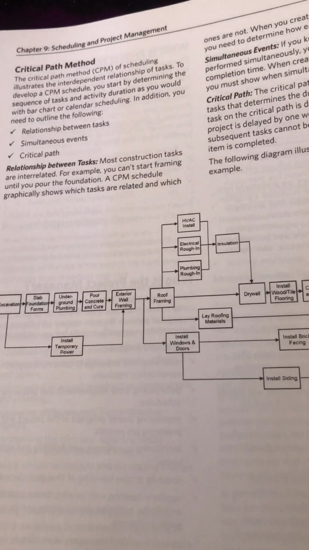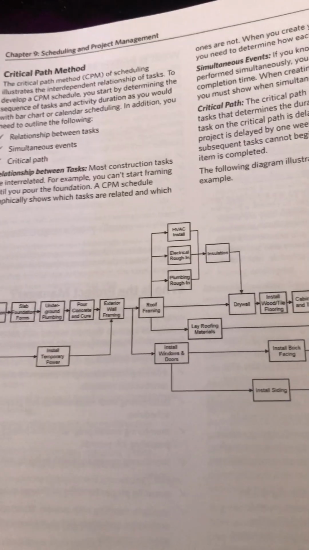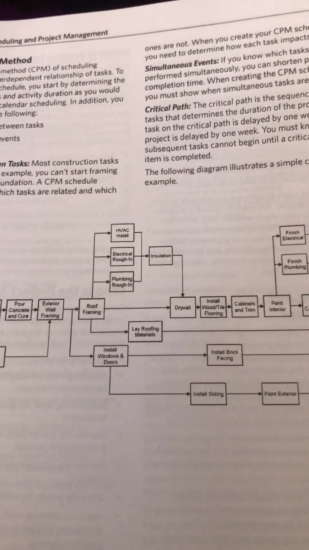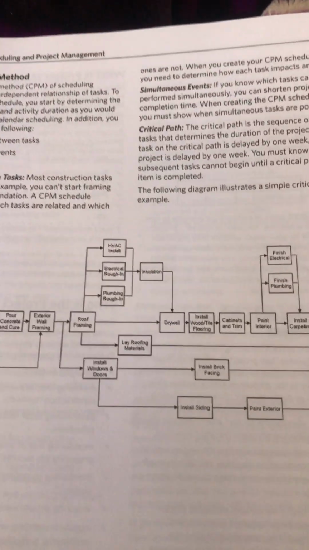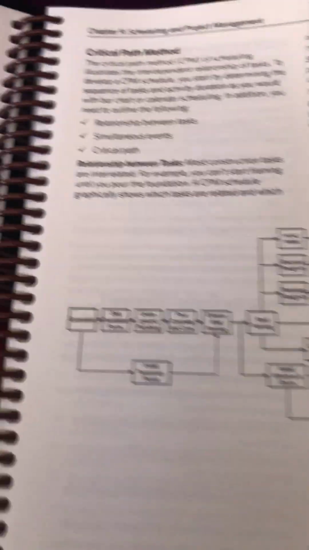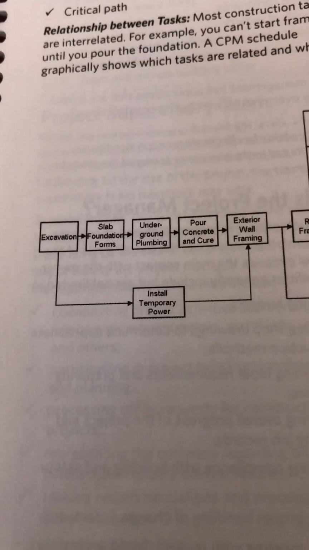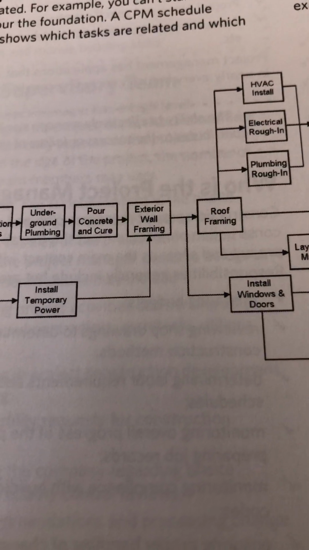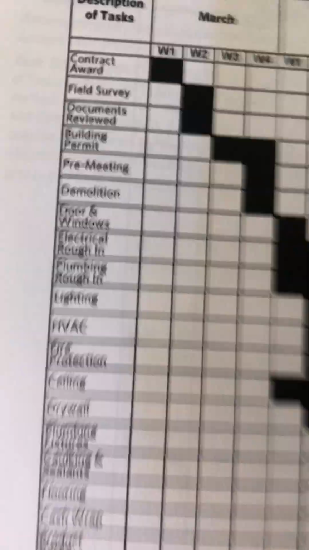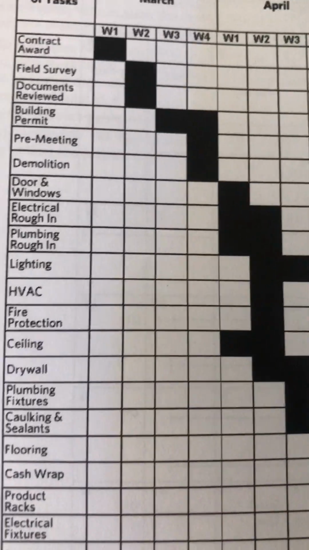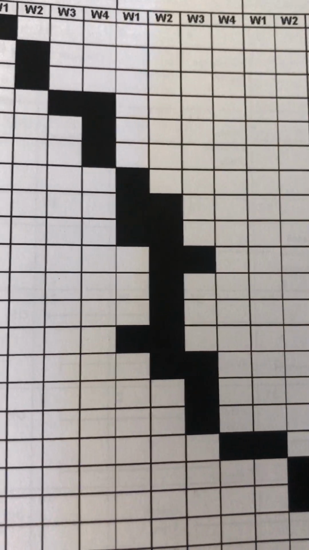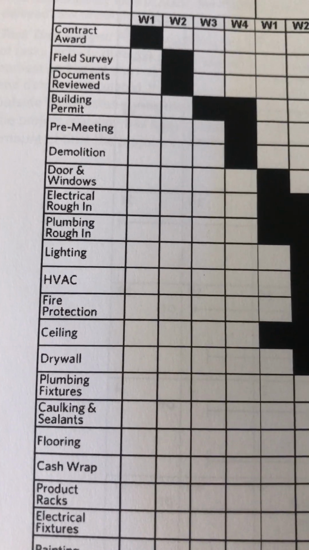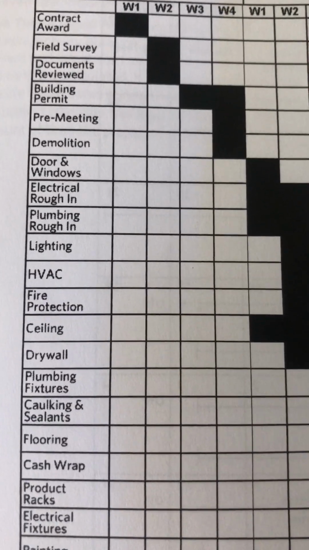But the critical path method, and the question has something to do with this, and I don't remember exactly how they worded it, was that one of these tasks has to happen before we can start another task. So if you have, we'll say, drywall, you can't really start drywall until you're done with framing, right?